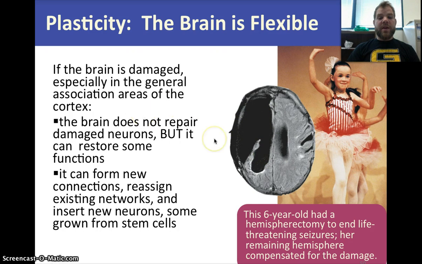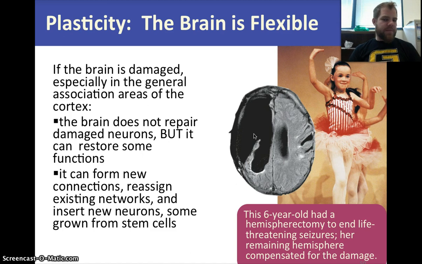Now, the brain didn't repair itself, it didn't get this back, but the other parts of the brain basically picked up the slack and performed some of the functions that were previously performed by the side she had removed, which is the left side.